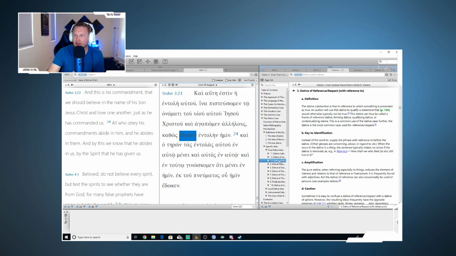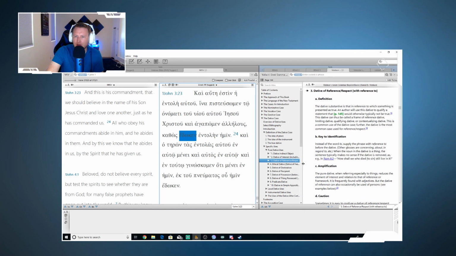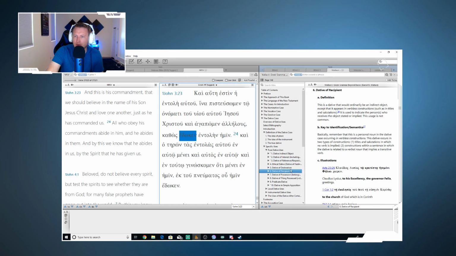Is that in reference to which something is presented as true? An author will use this dative to qualify. No, that's with respect. I want this one. This is a dative that would ordinarily be an indirect object, except that it appears in verbless constructions, such as in titles and salutations. Well, that's not what we have here. So that can't be it.